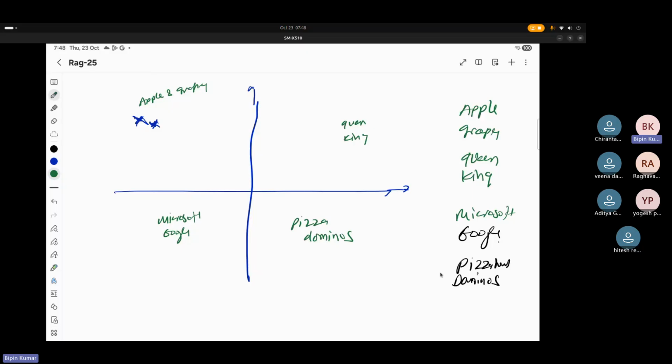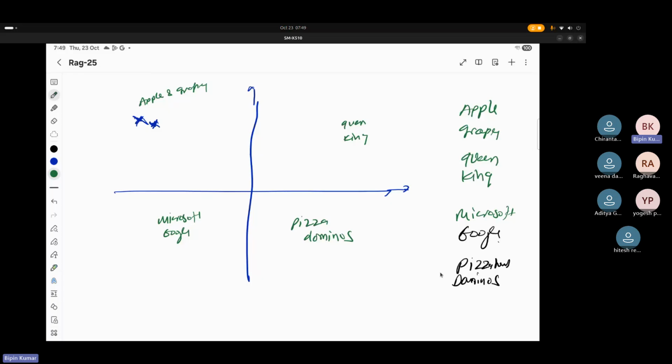If I have to place them into a 2D space, it will be able to separate them into different parts based on the meaning. For example, queen and king are basically representing some position, persons.